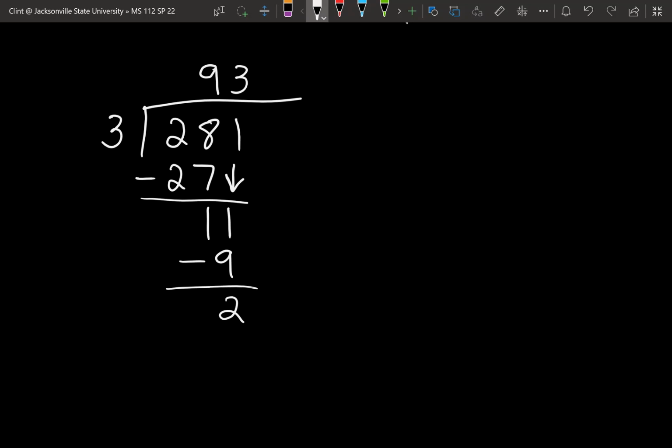So this is our remainder. And then again, there's a couple ways you could write that. One way is we say our answer is 93, that's the part up at the top, and then we can write the remainder over the divisor. So that would be 93 and 2/3.